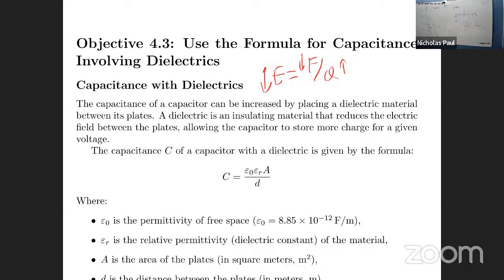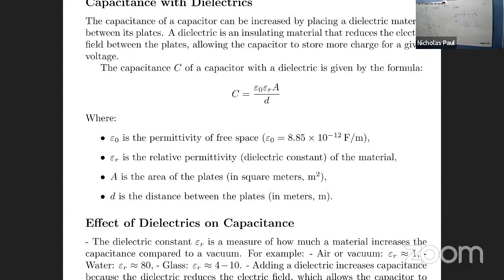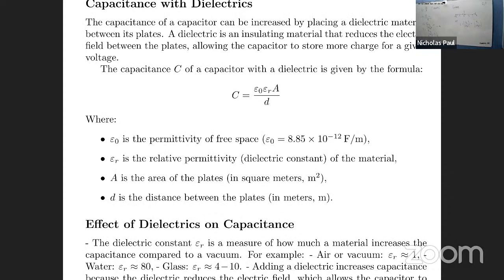Okay. So please remember the things from last day. The capacitance C of a capacitor with a dielectric is given by that formula there. Very important. Understand what all the things are. Epsilon is the permittivity of free space.